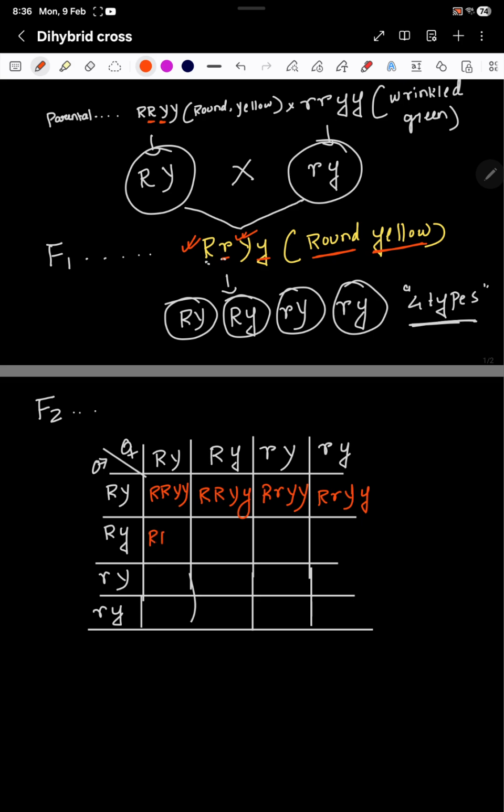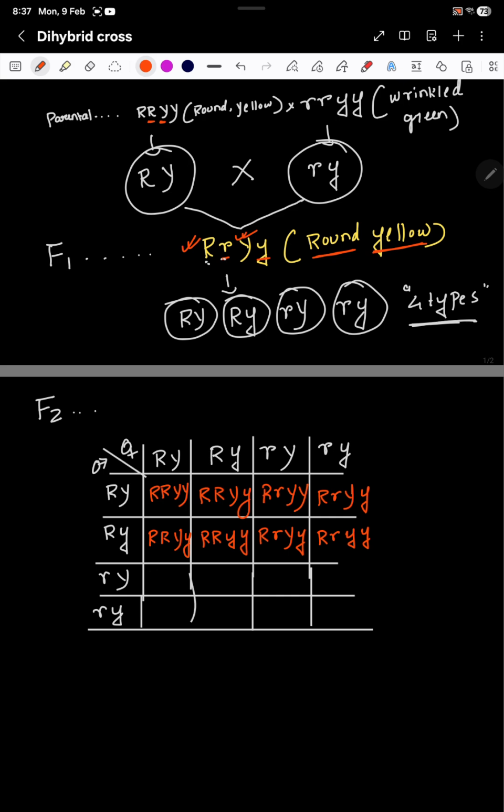Now capital R, capital R, capital Y, small y, capital R, capital Y, R, small y, small y, capital R, small r, capital Y, small y, capital R, small r, small y, small y.